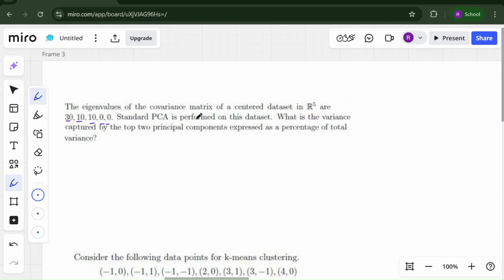This is probably something everyone knows. If you want to look at the variance captured by the top, let's say, top k principal components, then what you do is add up the top k eigenvalues and divide by the sum of all eigenvalues.